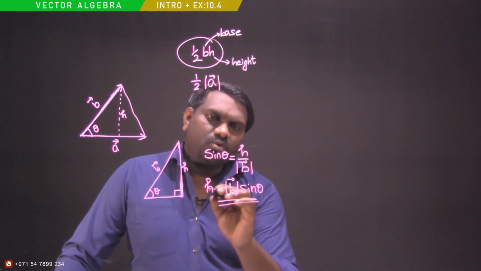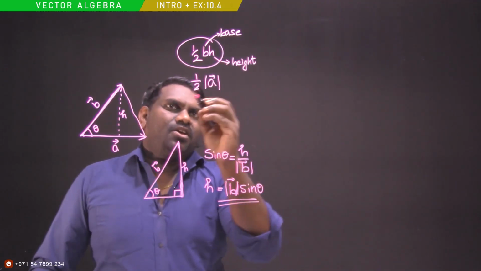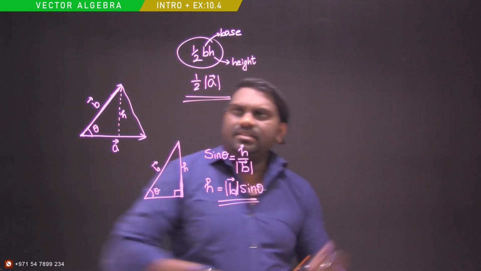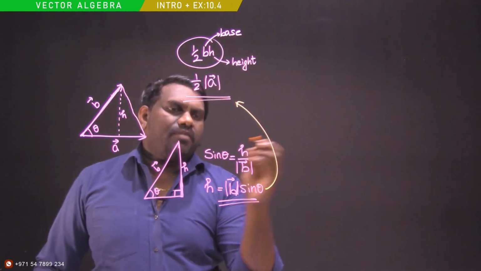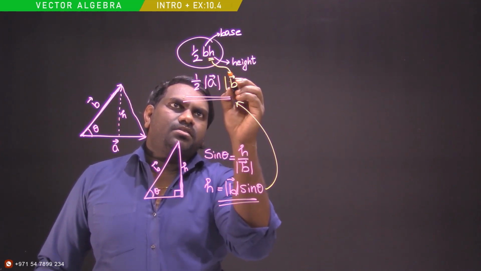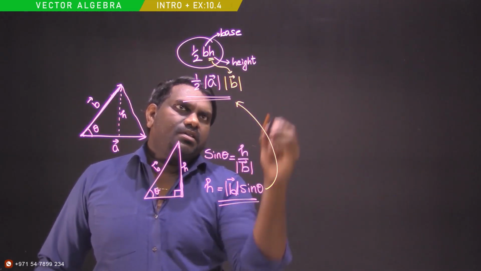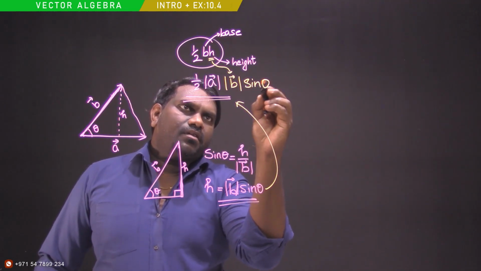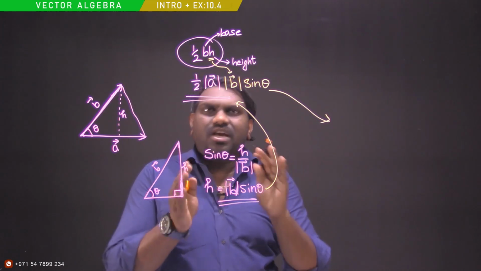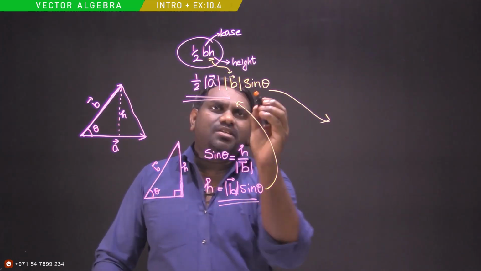So h is nothing but this. If I put it over here, what I will get is h is b sin theta. This is something which I have seen a lot before, dear. What is it?